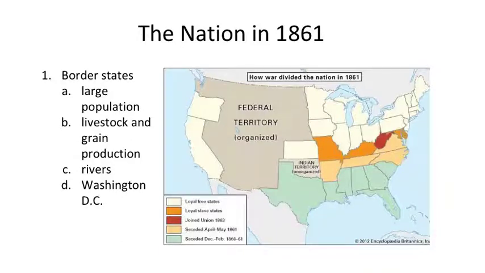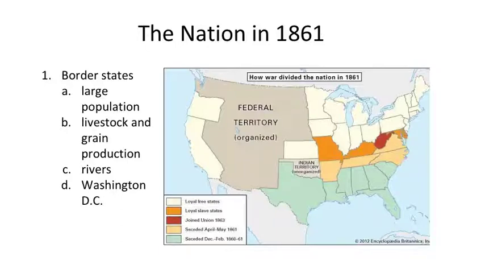So these border states remain loyal to the Union, do not become part of the Confederacy, although that was definitely not certain that would happen. There was a lot of anxiety that these states would also join with the Confederacy, and Lincoln and many others felt that this was vitally important to keep these states in here, and there's several reasons why.